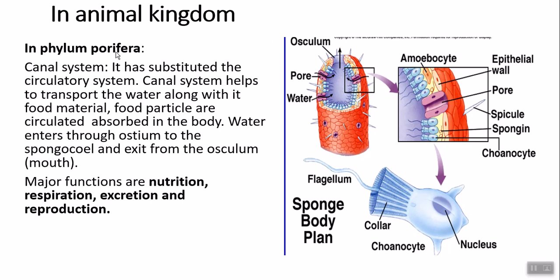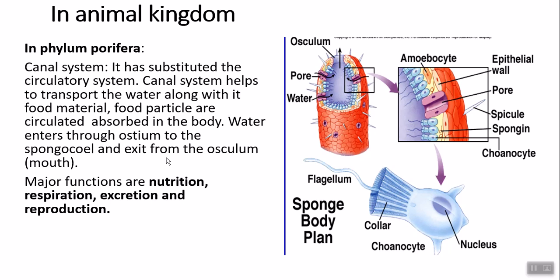So the first phylum, Porifera. In this animal, as such, there is no circulatory system. However, the circulatory system is substituted by the canal system. There are 3 different types of canal systems in the Porifera. All those canal systems actually take the functions of a circulatory system.